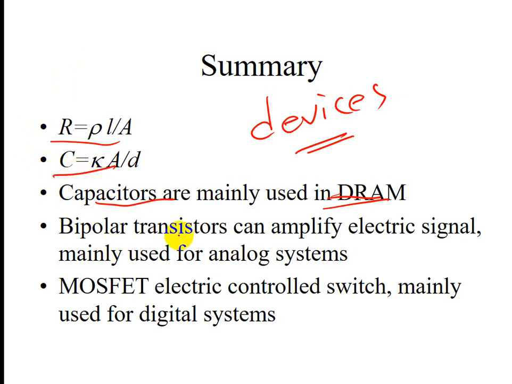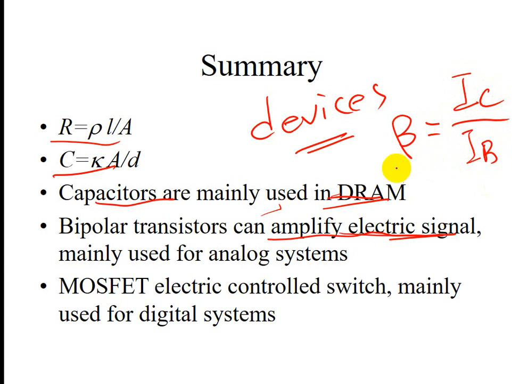And the bipolar junction transistor can be used to amplify electric signal, and we call current gain beta equal to current coming through the collector divided by current coming through the base, and this is called current gain. How many times of amplification of the current.